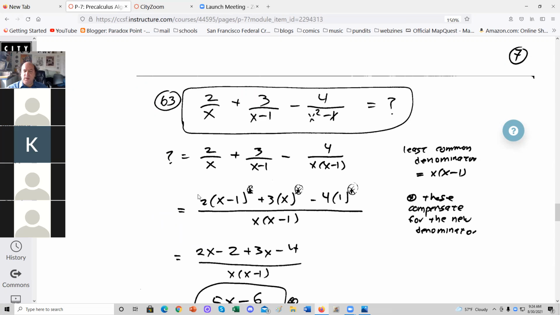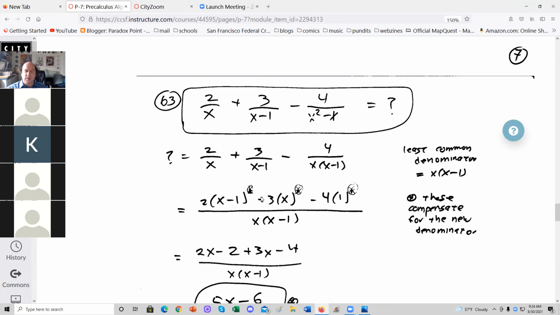Now we'll multiply this 2 by something that compensates for the new denominator. We'll multiply this 3 by a compensator and this 4 by a compensator. Each compensator is a new denominator divided by the old one. This over this, this over this, and this over this. So for example, to the 2, we affix x times x minus 1 over x, and that's just an x minus 1.